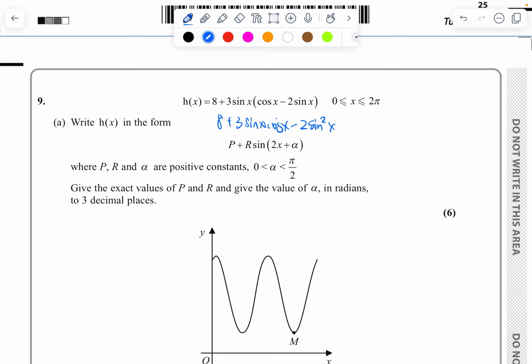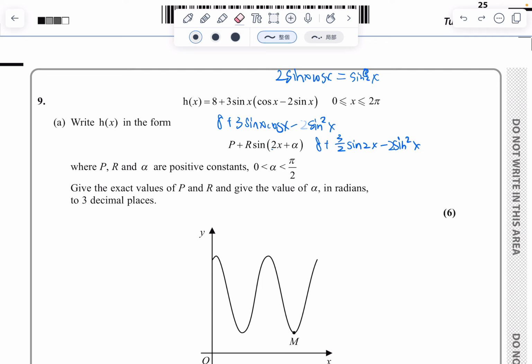And then we know that 2 sine x cosine x actually equals sine 2x, not sine squared x. I'm so stupid. Wait, the 3 is actually in here, so actually 6.